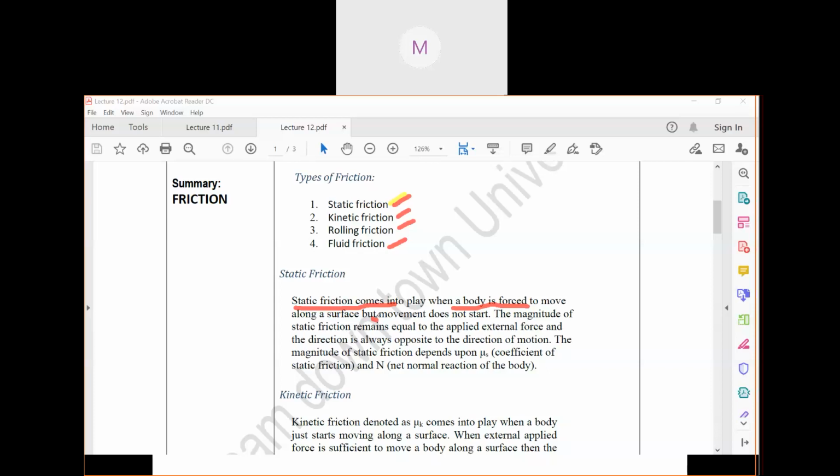It will not move, right? That roller won't move. That means you are trying to apply some force, but that thing is not moving along the surface. The movement does not start. So some amount of friction is definitely acting on the roller, because of which the movement has not started. This kind of friction is known as static friction.